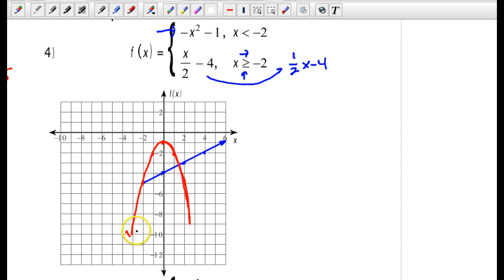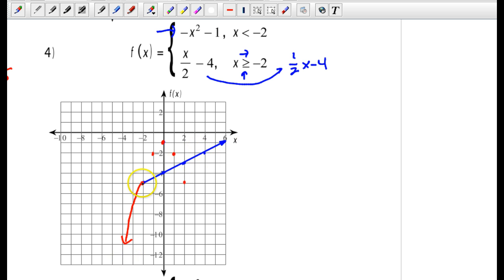Alright, so we have the parabola, but then we only want this parabola from negative 2 and to the left. So that means all this other red part of the parabola that's to the right, we've got to get rid of it. So we really only want just this. We just want that part.